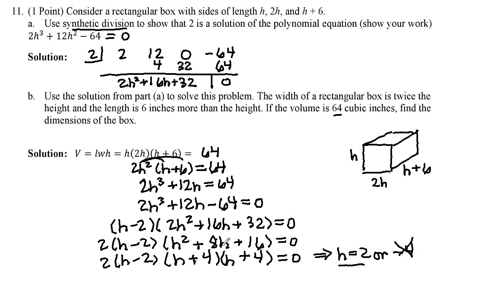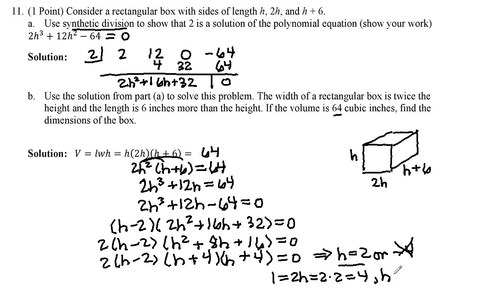And then, let's see, that's going to be our height. And then our width is going to be 2h, which is 2 times 2, which is 4.